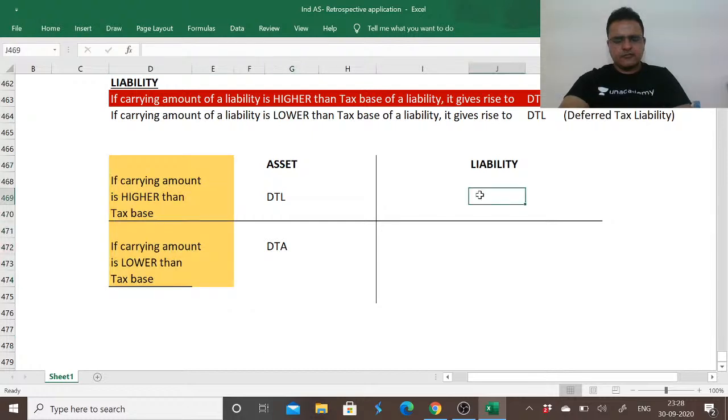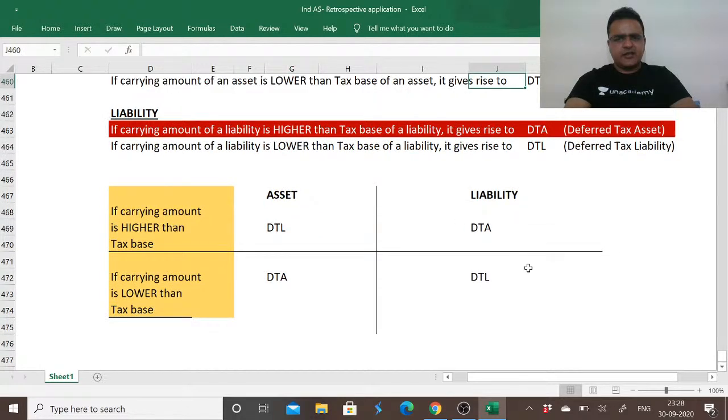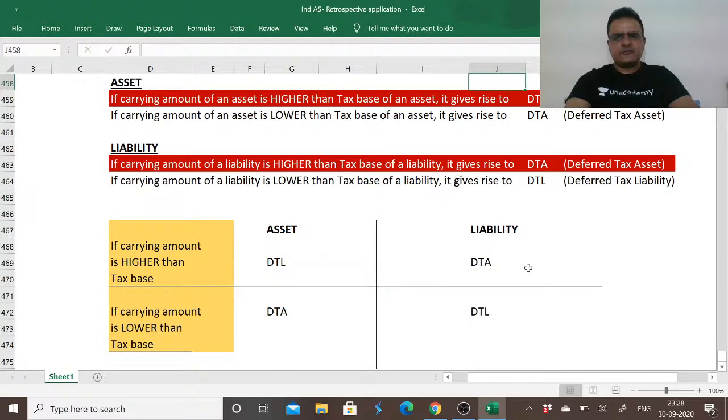In case of a liability, it is opposite. If carrying amount of a liability is higher than tax base of liability, it gives rise to DTA. And if carrying amount of a liability is lower than tax base of liability, it gives rise to DTL. With asset, it is opposite with liability. So remember, one line we can formulate the other four. This is the balance sheet approach.